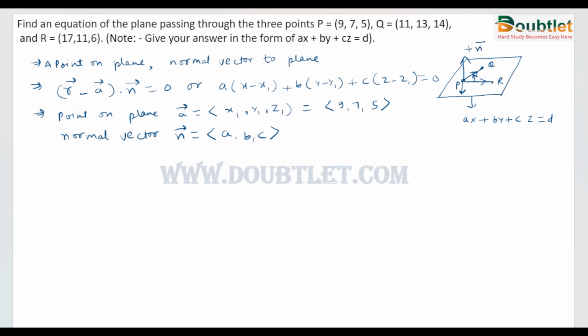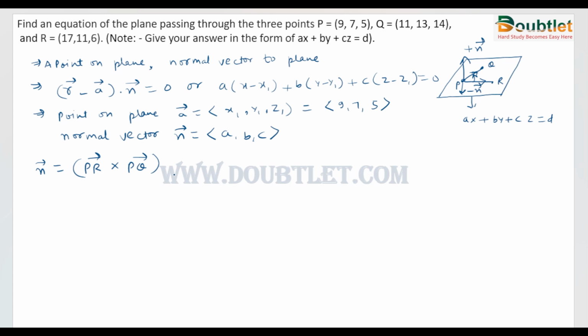This is n vector plus n and this is minus n vector. We need just a normal vector. It does not depend whether it is in the upward direction or downward direction, so we can take either sign. So suppose the normal vector can be obtained by taking the cross product of PR vector and PQ vector, or we can take the plus minus sign.